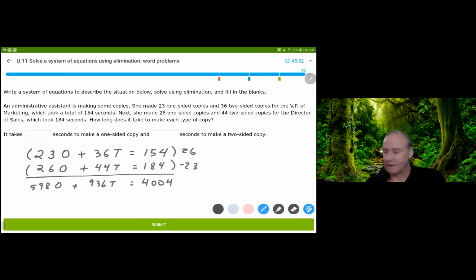Notice the choices that I made. I could have used 23 and negative 26, but I could have also used the 44 and the 36. Just would have made it even bigger, but it doesn't matter. It works either way. So we have the 23 times 26, which is negative 598, of course. Now I have the negative 44 and 23.